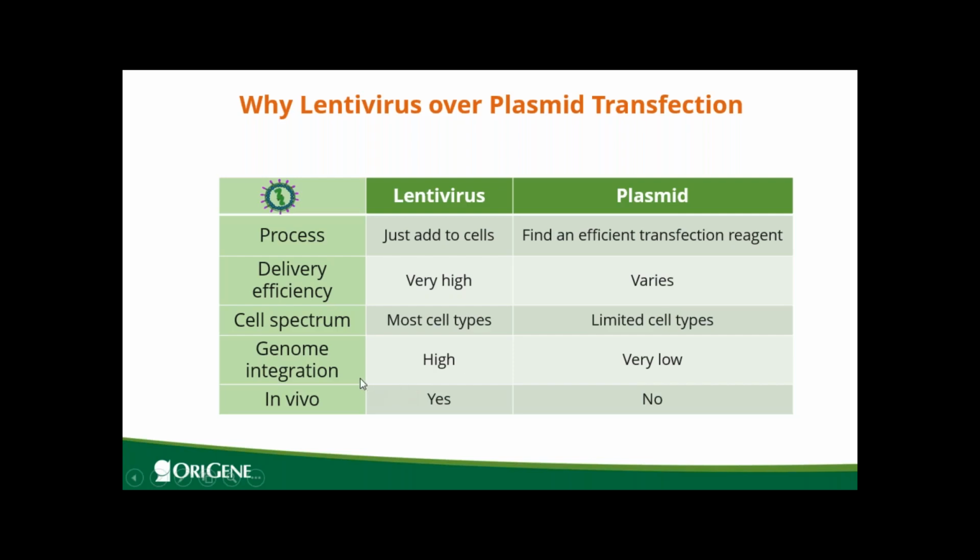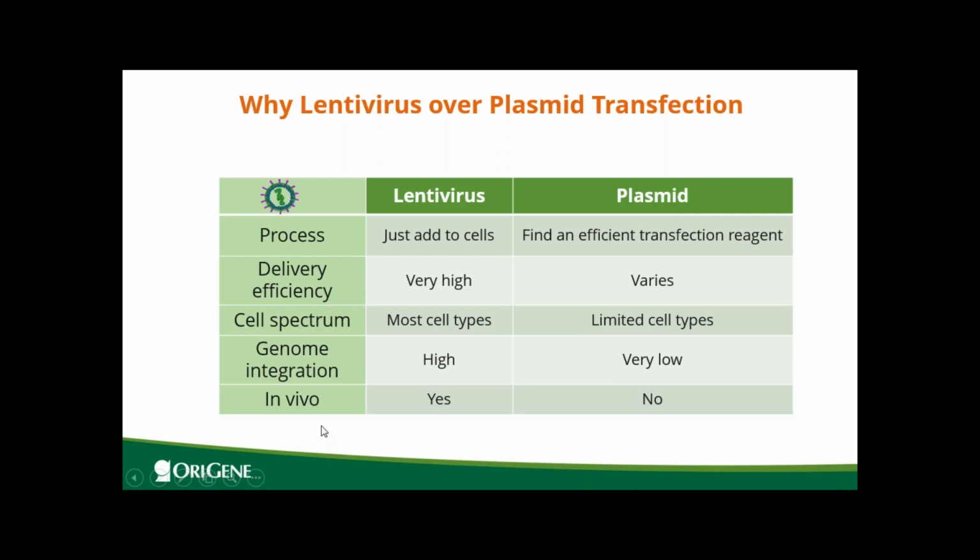And to make stable cells, the genome integration with lentivirus is very high. For plasmid, random integration into the genome is very low, so usually you have to do antibiotic selection. It still takes a long time to make stable cells.